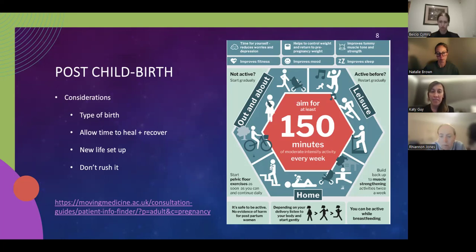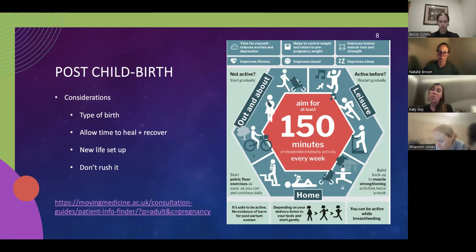So the considerations you want post childbirth are the type of birth that you've had. It may have been a straightforward, normal vaginal delivery, but you may have had instrumentation, you may have had an episiotomy, where you've had a tear, you may have ended up starting a natural birth and then going for a cesarean section. Whatever way it is, you need time to heal and recover.